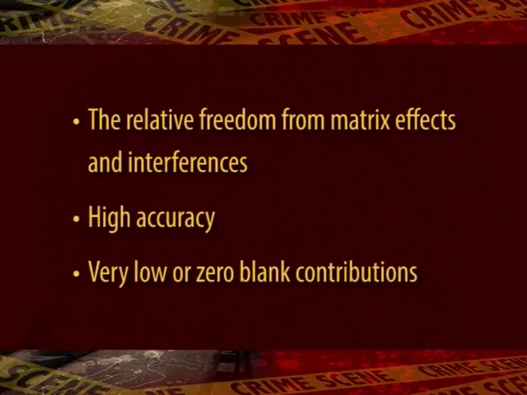The major advantages of neutron activation analysis, particularly instrumental neutron activation analysis, are the relative freedom from matrix effects and interference, high accuracy, and very low or zero blank contributions.